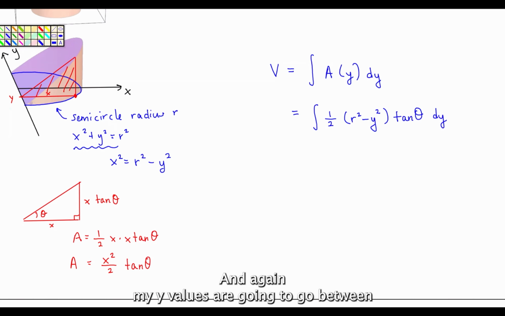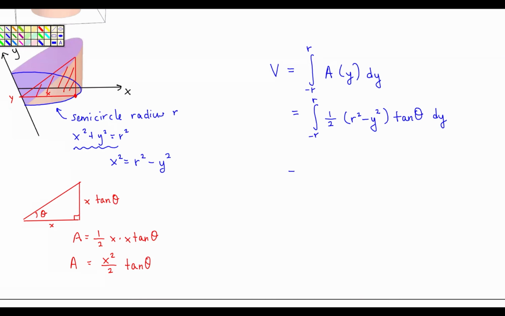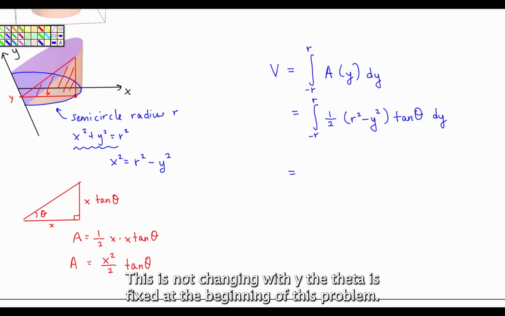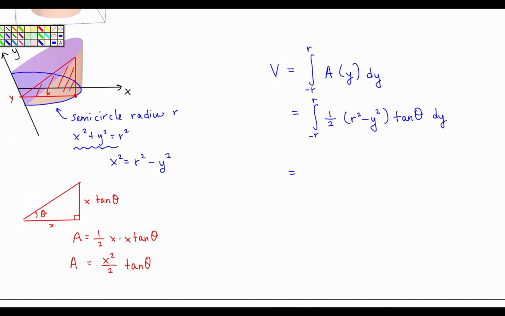And again, my y values are going to go between negative r and r. Tangent of theta here is constant. This is not changing with y. The theta is fixed at the beginning of this problem. So it's a constant here. So I can pull this 1/2 tan theta out of the integral.